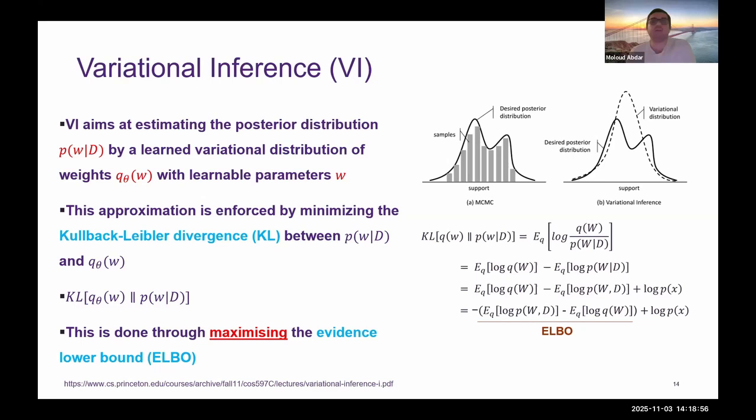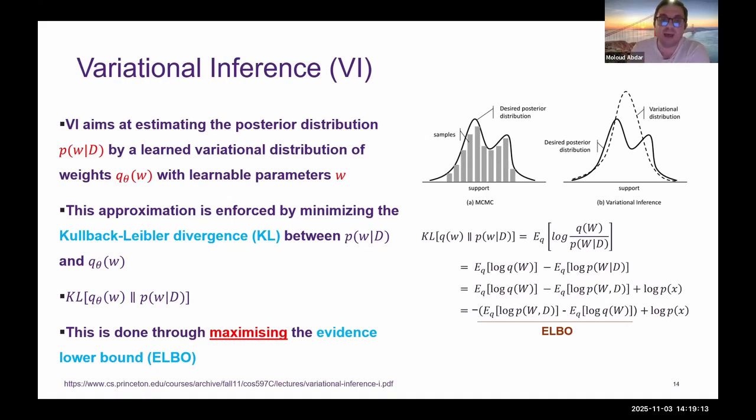The other well-known method is called variational inference, or VI for short. VI aims to estimate the posterior distribution by a learned variational distribution of weights with learnable parameters.